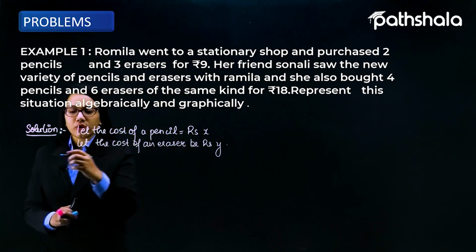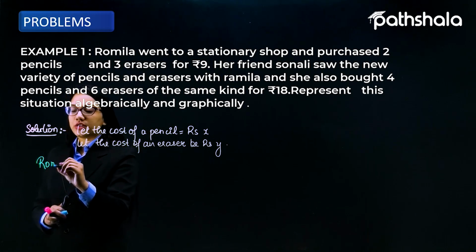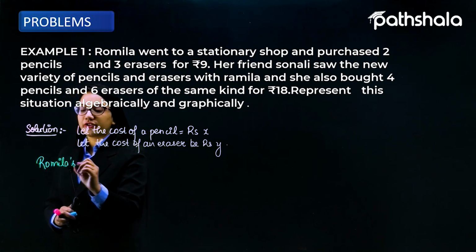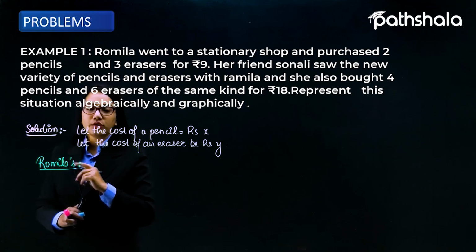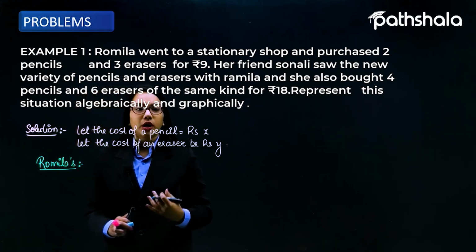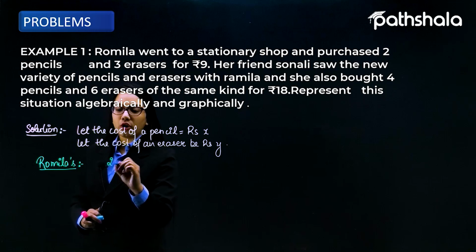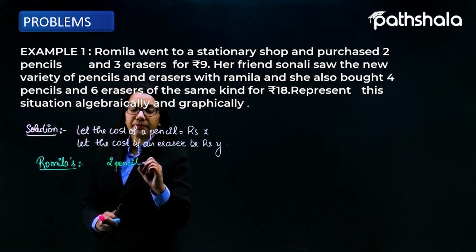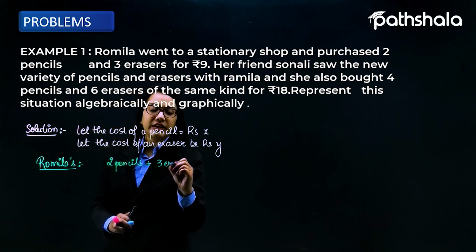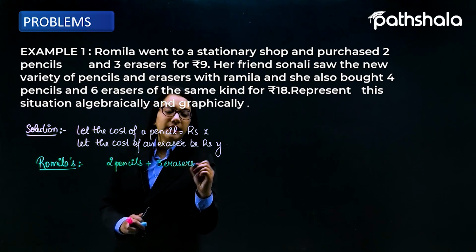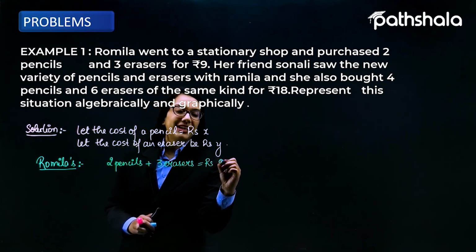So let's talk about Romila's condition first. According to Romila's condition, she bought 2 pencils and 3 erasers for ₹9.